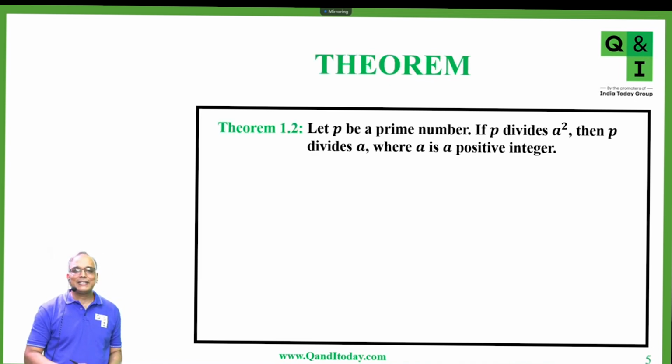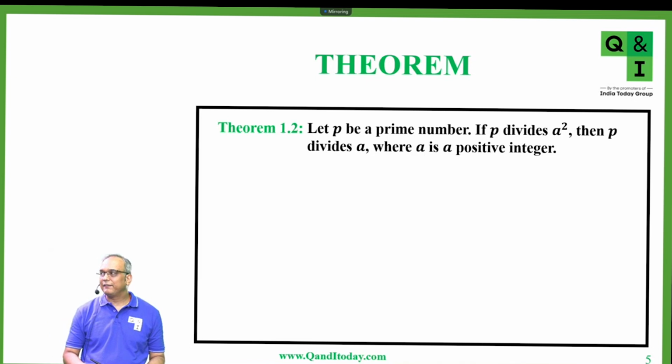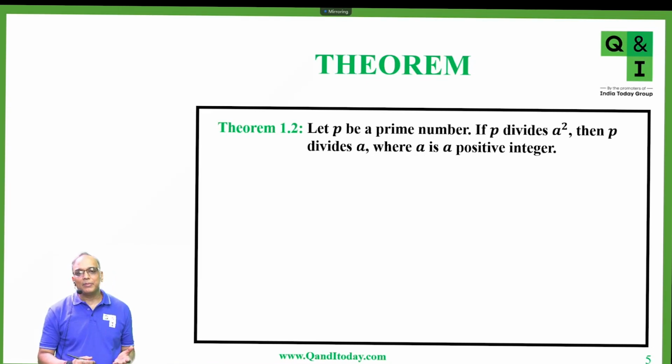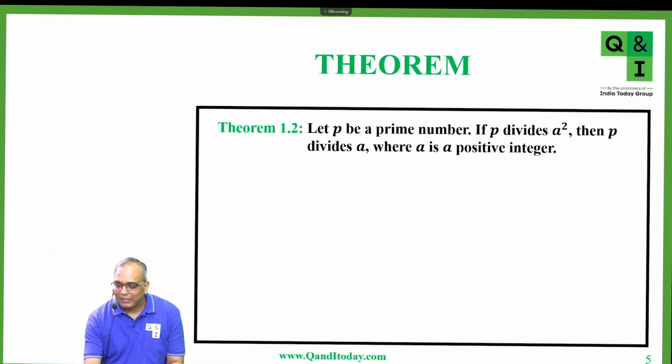Okay, so let's start the session, students. We'll start with the first theorem. Theorem 1.2 states that let p be a prime number. If p divides a square, then p divides a as well, where a is a positive integer. What does this mean? Let me explain it to you.